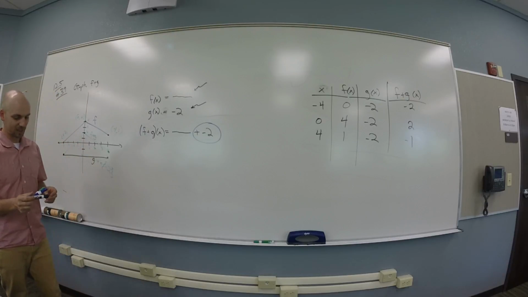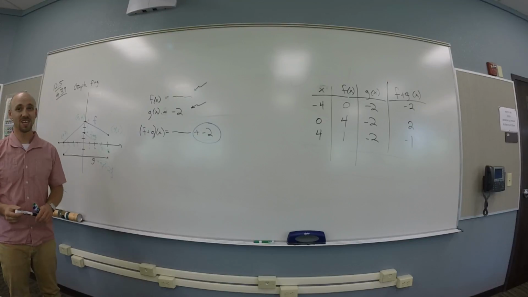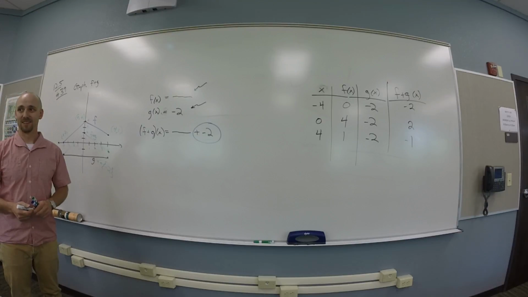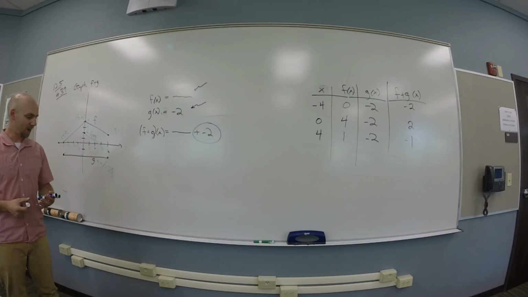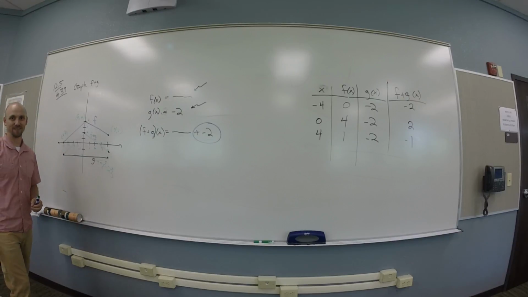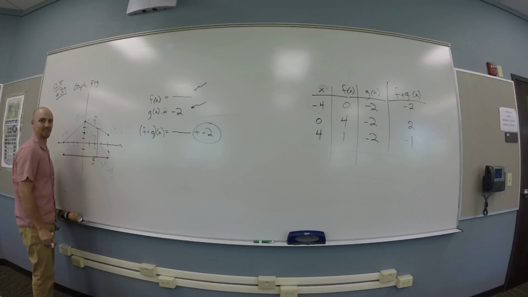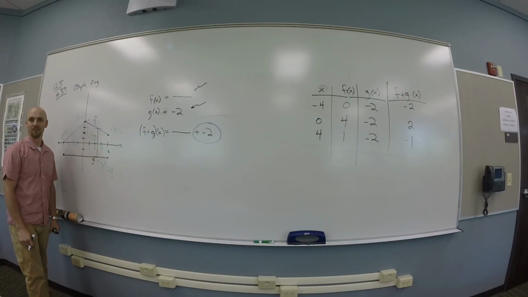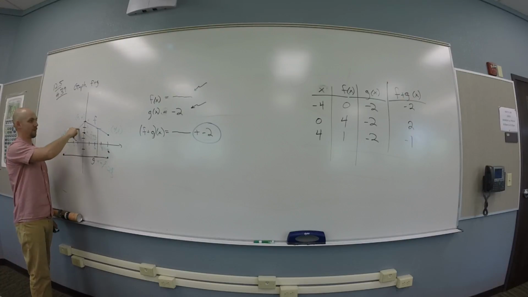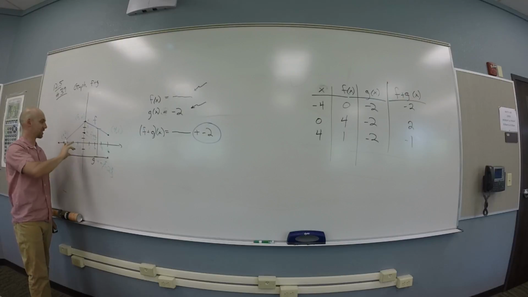I wish that they had asked you to calculate f minus g, because f minus g has a nice picture. f minus g is this distance. You guys see that? It's just the difference between f and g, the height of the space between f and g.